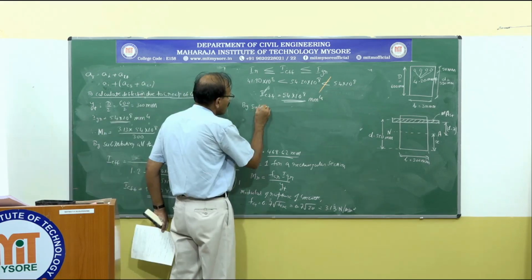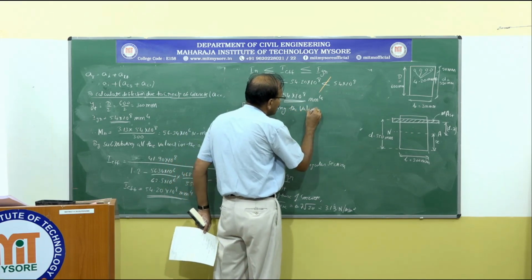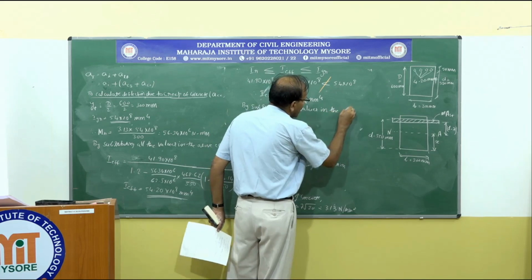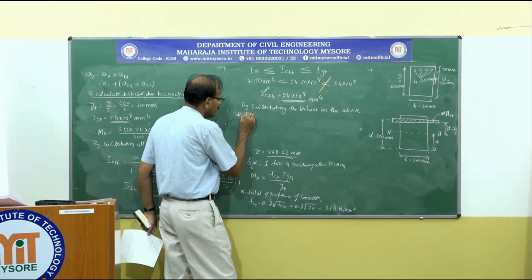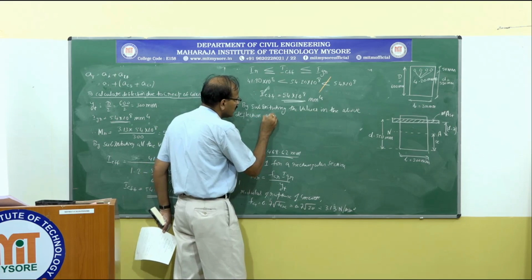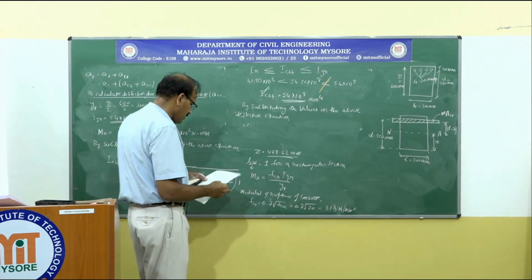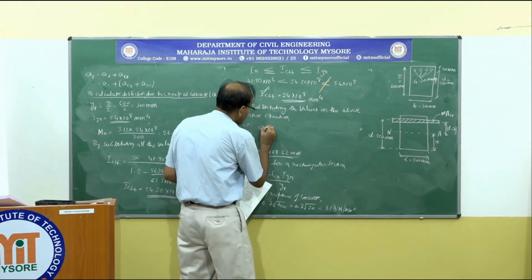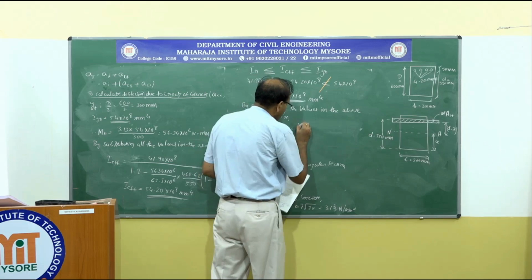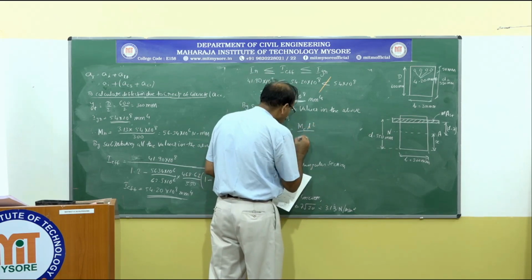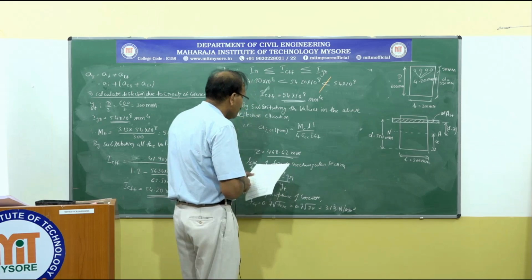Substituting the values in the above deflection equation, I am going to rewrite that formula: a_icc permanent equals Mc L square divided by 4 Ece I effective.